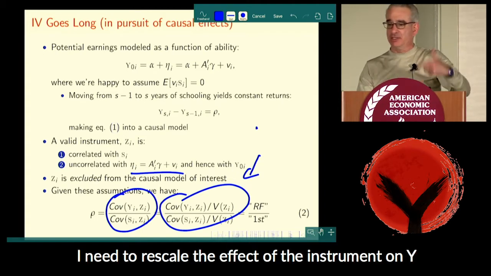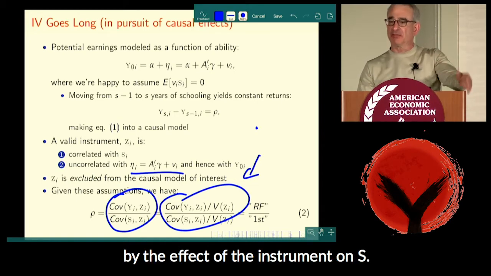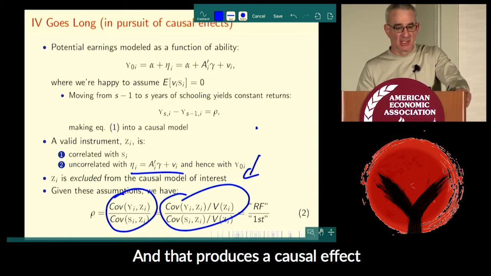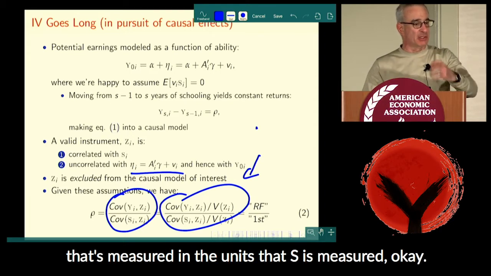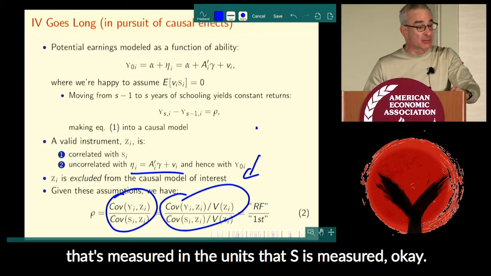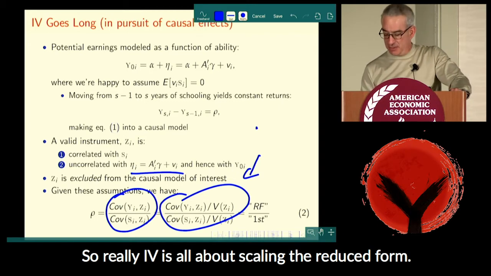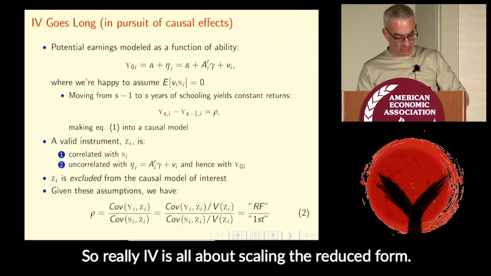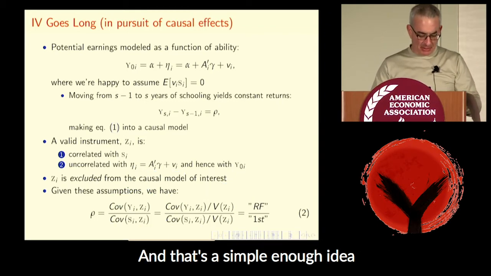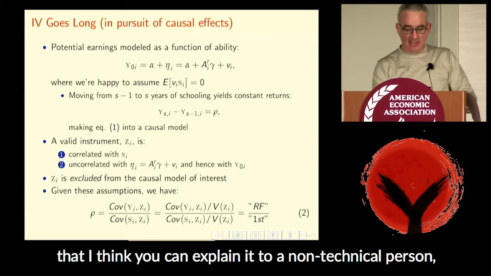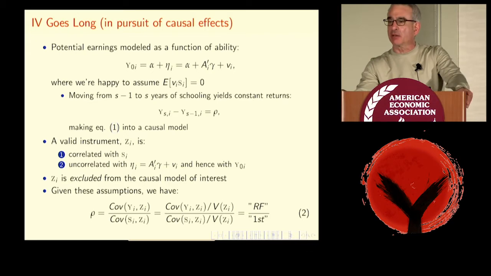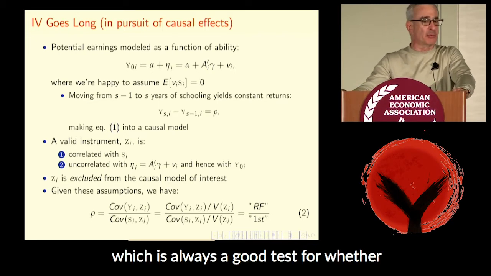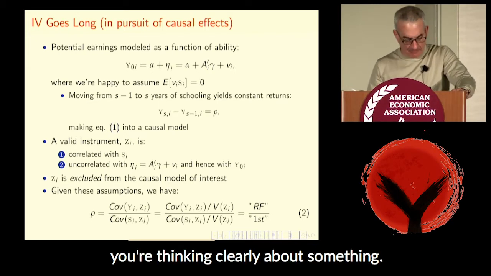I need to rescale the effect of the instrument on Y by the effect of the instrument on S, and that produces a causal effect that's measured in the units that S is measured, okay? So really IV is all about scaling the reduced form. And that's a simple enough idea that I think you can explain it to a non-technical person, which is always a good test for whether you're thinking clearly about something.